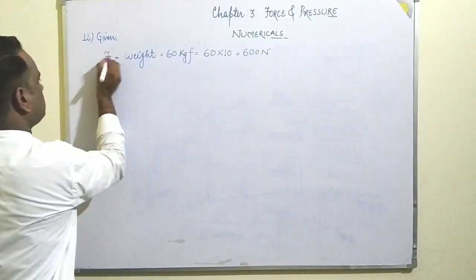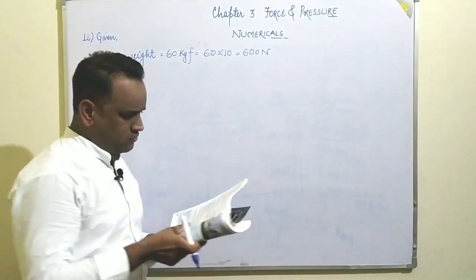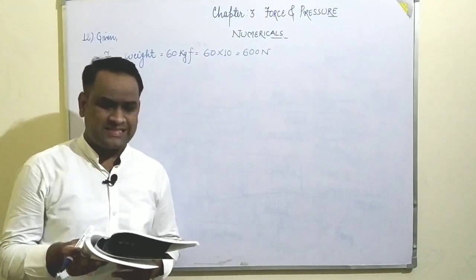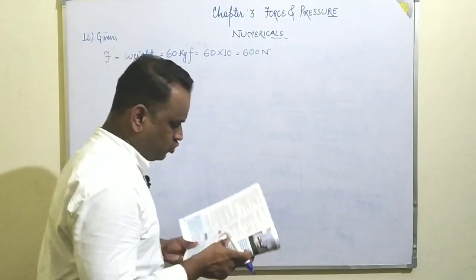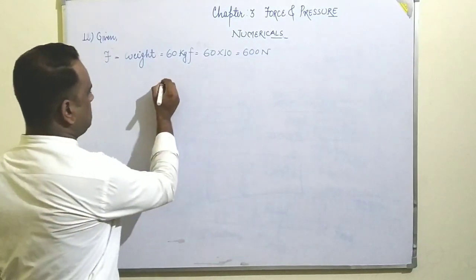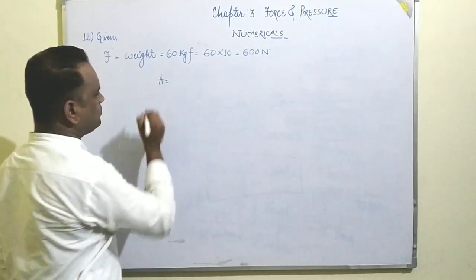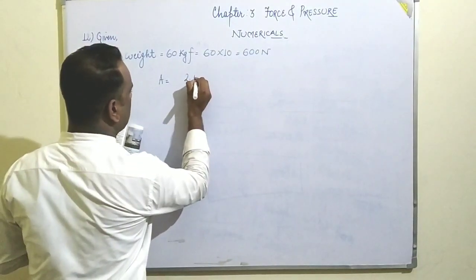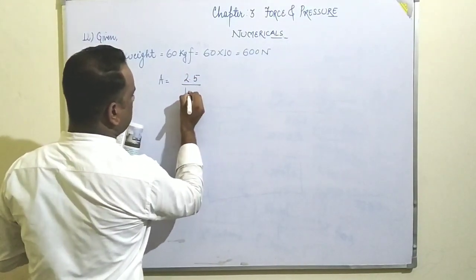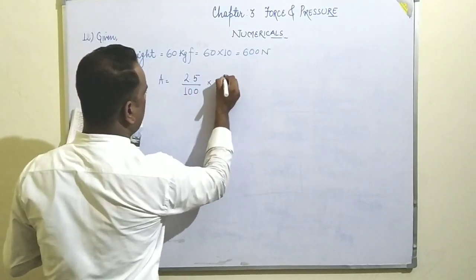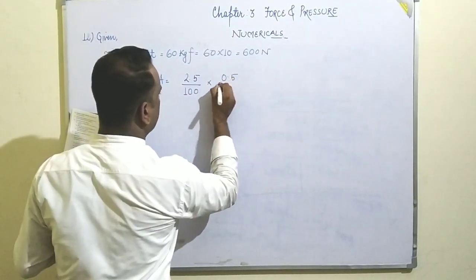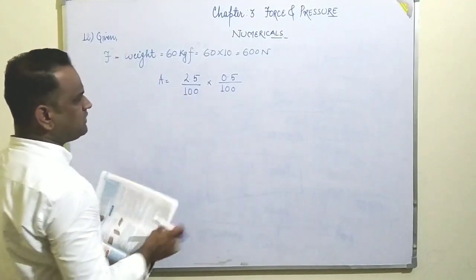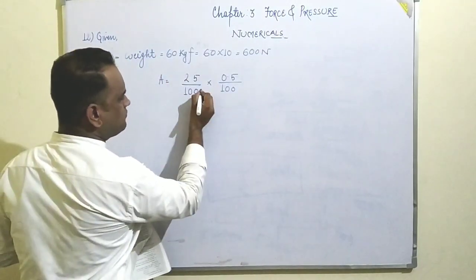Now here what is given? The dimension of the platform on which he is standing is 2.5 and 0.5 centimeters. So the area, in the CGS system, 2.5 centimeters, we convert into meter by dividing by 100, and 0.5 is also converted into meter.